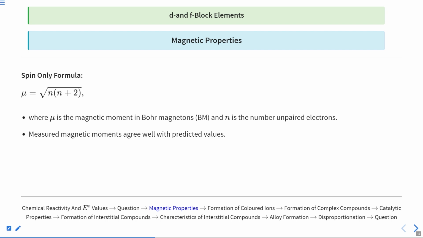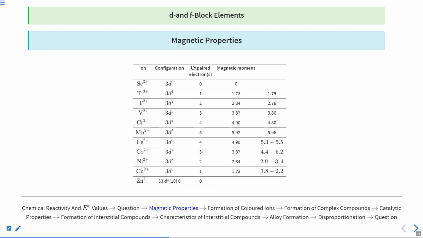Now if you calculate these values, you will find that the experimentally determined magnetic moment is in good accordance with this formula for the first series, because here the orbital contribution is negligible. Is it clear? So this is the list of the magnetic moments. This is the calculated value, and this one is the experimentally determined value.